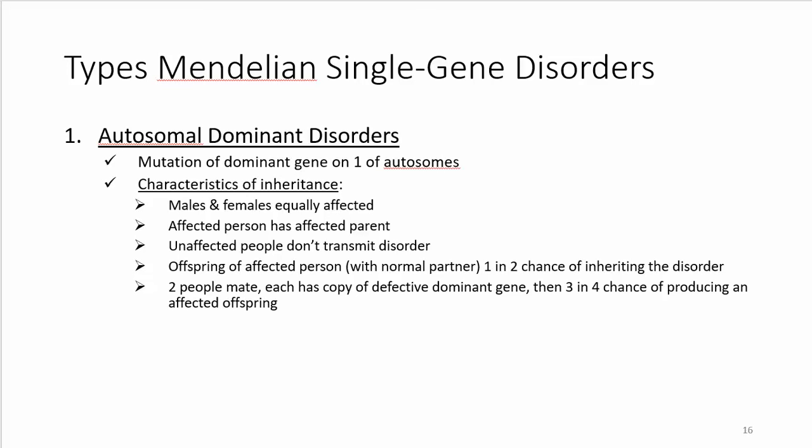And one of the parents that's going to pass on that dominant disorder also has the disorder. Because it's dominant, unaffected people don't transmit the disorder.